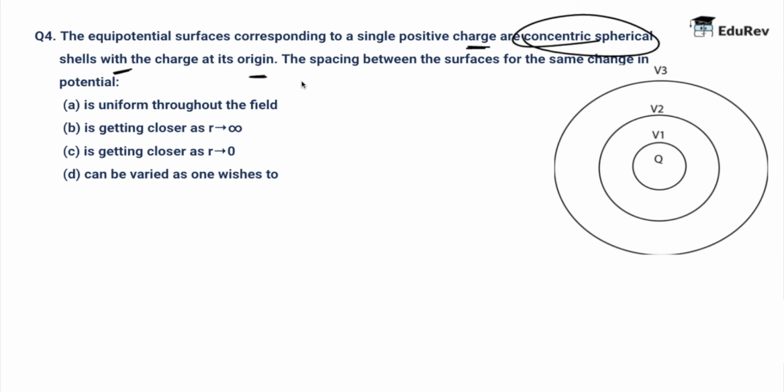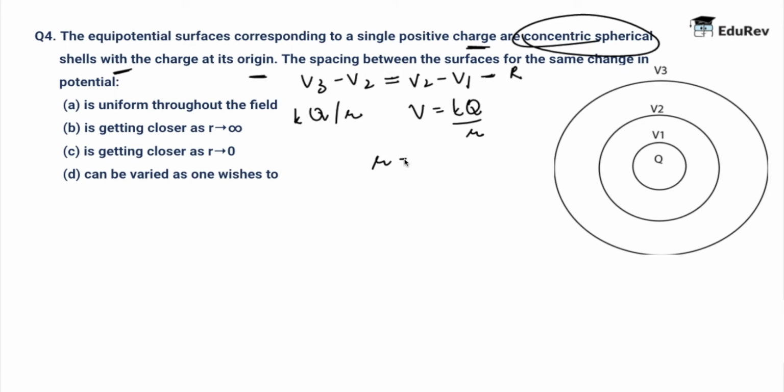Also, we know that V3 minus V2 will be equal to V2 minus V1, and this is going to be, suppose, something. The potential of the charge is given by KQ by R. So V equals KQ by R, and R is going to be KQ by V.